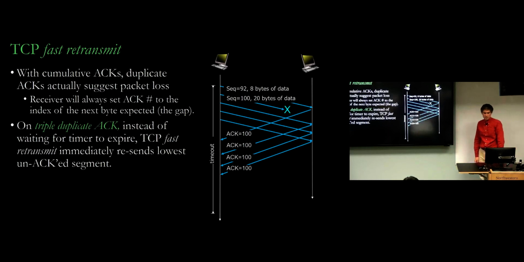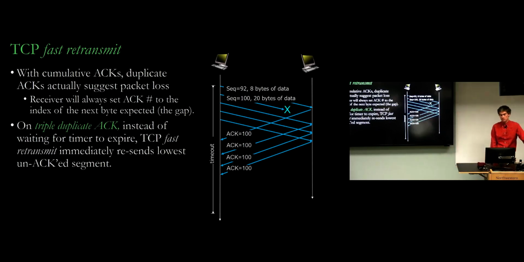The reason it does this is because the sender knows that packets are getting through. So the issue is not an issue of delay. It knows that it should have gotten that acknowledgement back because it got acknowledgements for later packets. In fact, it got many acknowledgements for later packets, so we're pretty confident that one should have been received.